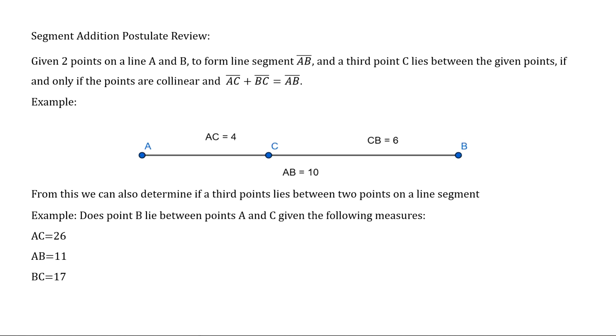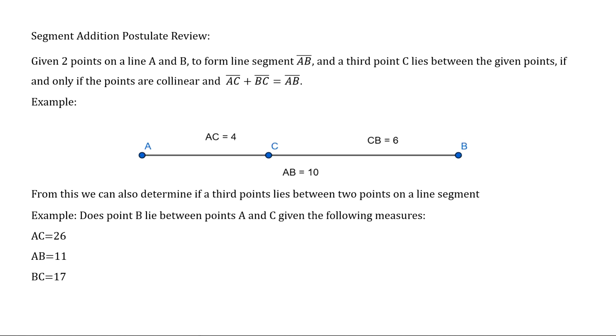Now we're going to be able to determine if the third point is between. Here they've given us 3 line segment measurements, and we're trying to determine if point B lies between A and C. They told us AC is 26 units long, AB is 11, and BC is 17. If B is between A and C, then AB plus BC, 11 plus 17, should equal AC.